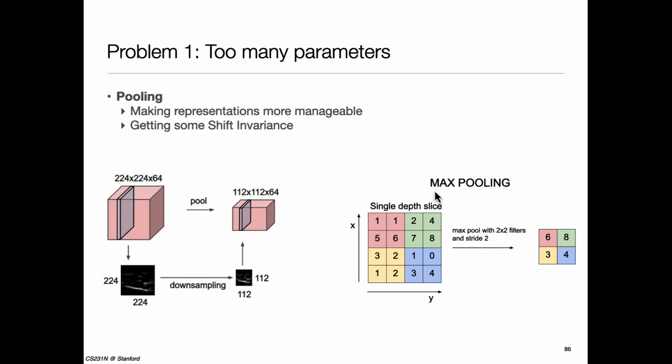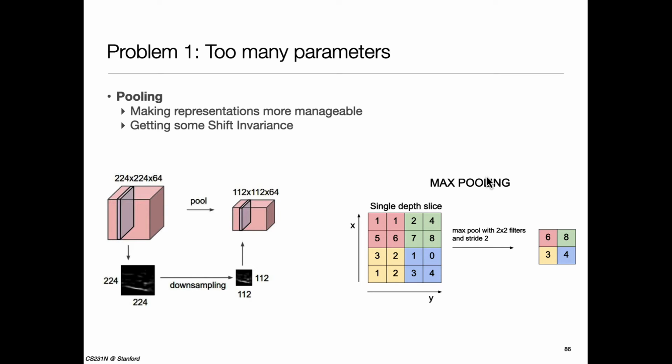For example, there's something called max pooling. What max pooling does is, at any given point, it takes your activation map, think of it like an image. In this particular case, it's looking at 2 by 2, and within every 2 by 2 super pixel, if you may, it takes the max value. So this guy is 1156, so you see a 6 out here, or the blue one is 1034, so you see a 4 out here.